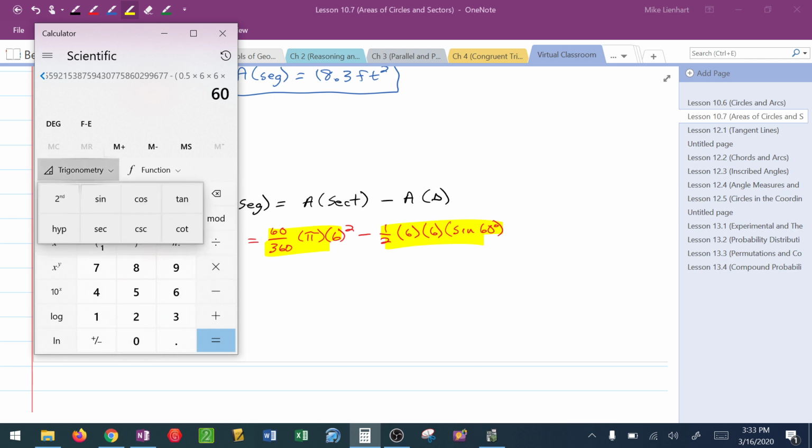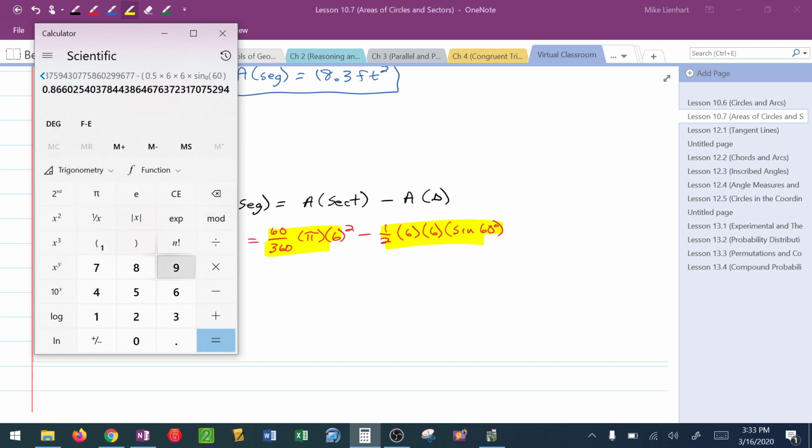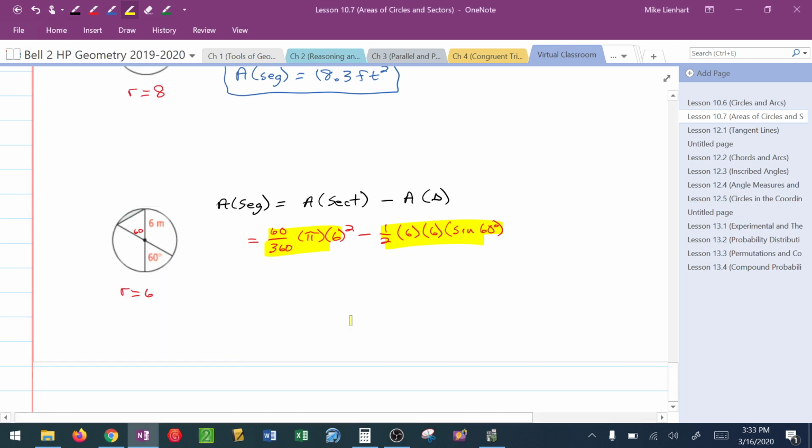On this calculator, I have to type in 60 sine. Close off the parenthesis, equals, round to the nearest tenth, this would be an area of 3.3. So the area of this segment would be 3.3 square meters. I hope this helps. Let me know if you guys have any questions.